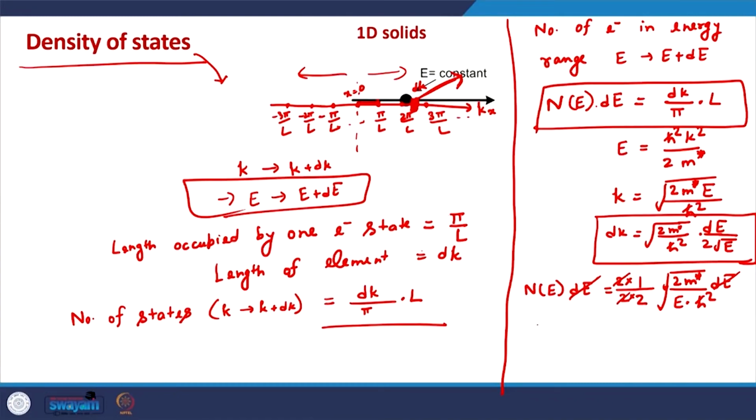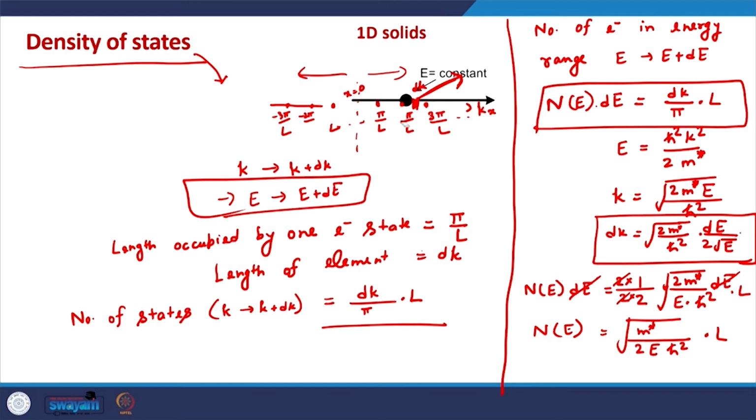So, what we are left now is with, and there is a factor of L as well there, square root of m star divided by 2E h bar square times L. Okay.